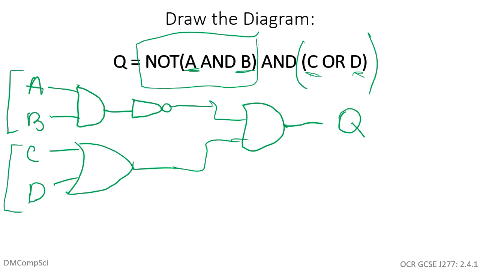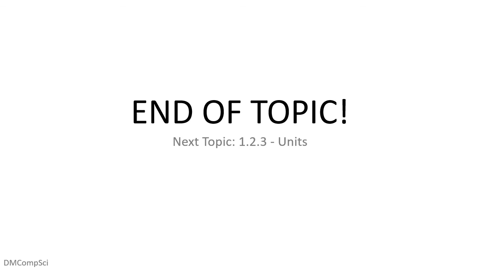Again, it's always best to practice and practice and practice. There are plenty of past papers out there, plenty of specimen questions, and always ask your teachers for help when you need it. So as you can see in the nice big writing on your screen, that is the end of our coverage of the topic of Boolean logic.